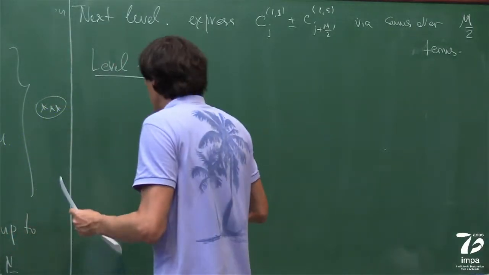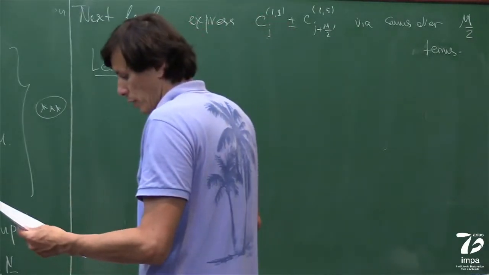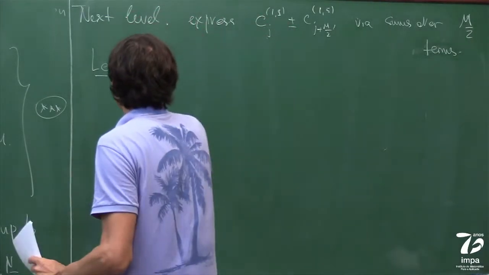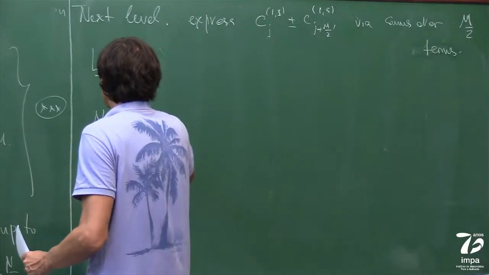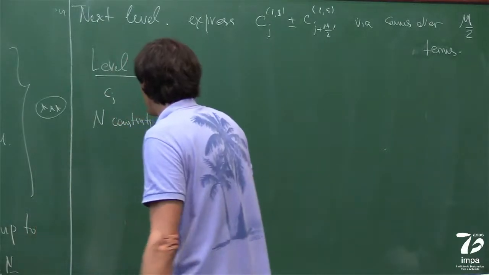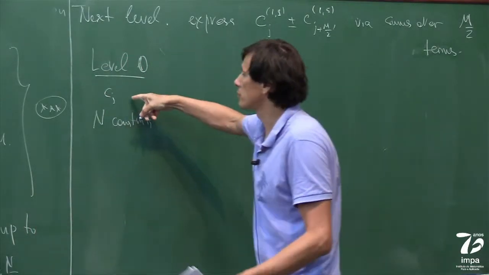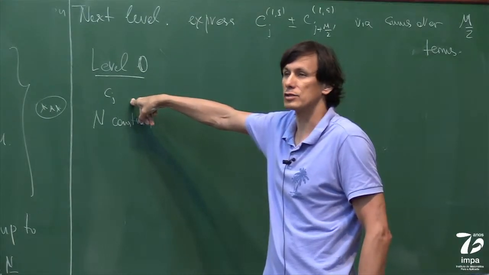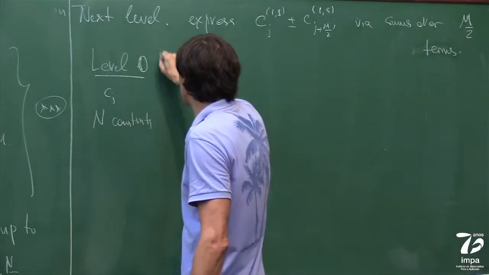This is the original, let's take it as level 0, where we had the original Cj coefficients. So it means that we had n constants. If you compute it directly, this requires n square terms, or n square operations.